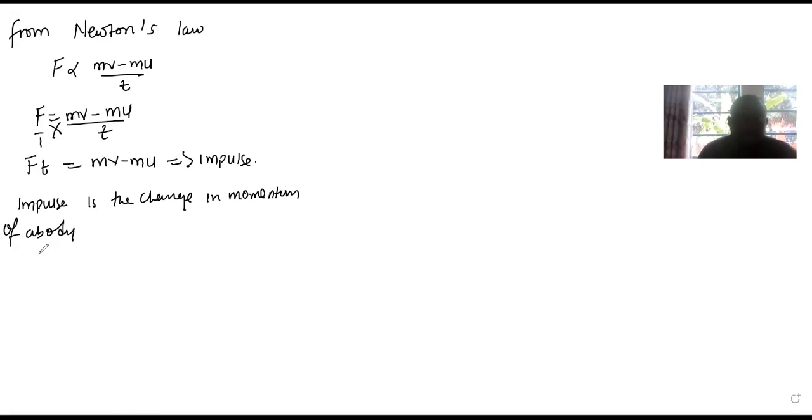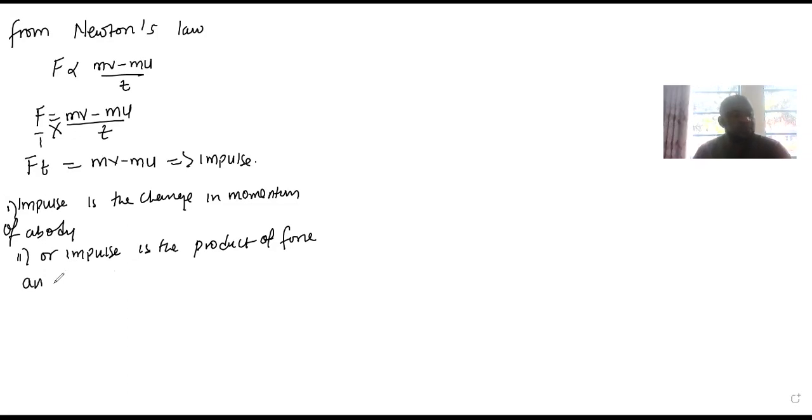Or sometimes we can say impulse is the product of force and time, or the product of the force acting on a body and the time that force takes to act on that body.